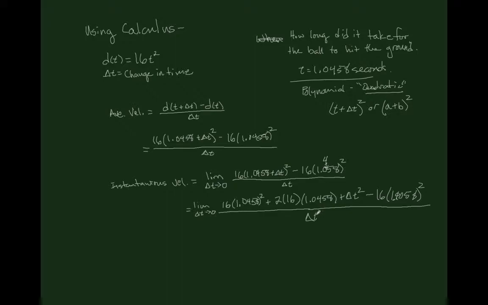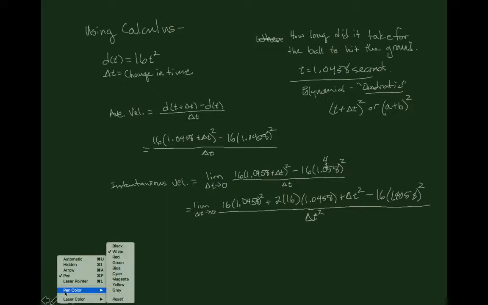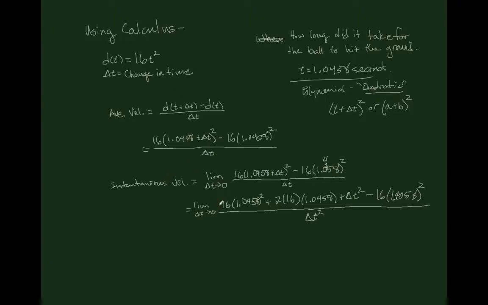Now there's a magical thing that happens when we expand that polynomial. Here's a subtraction sign. This term minus this term is 0 because they're opposites. 16 times 1.0458 squared minus 16 times 1.0458 squared adds to 0.